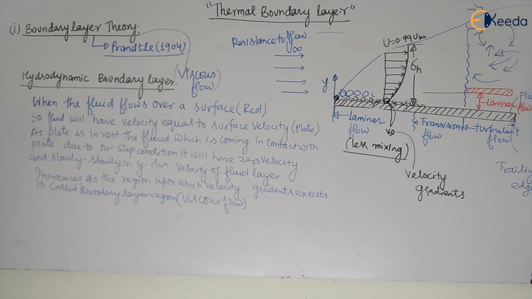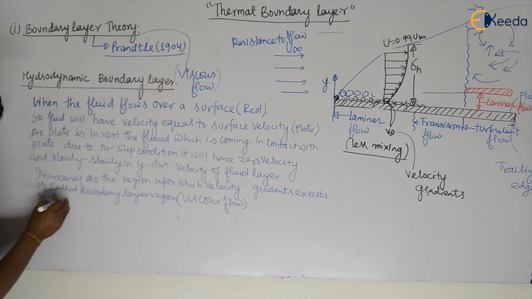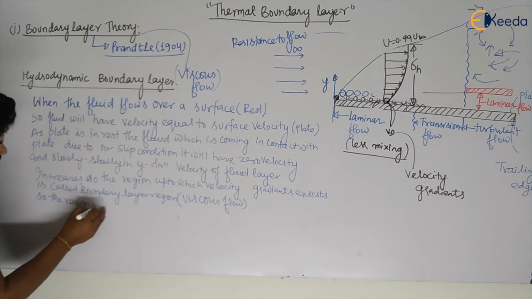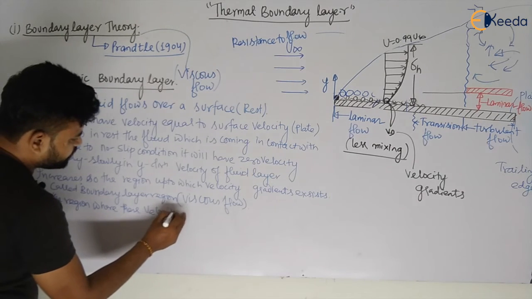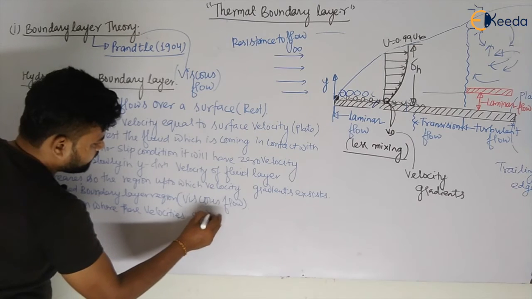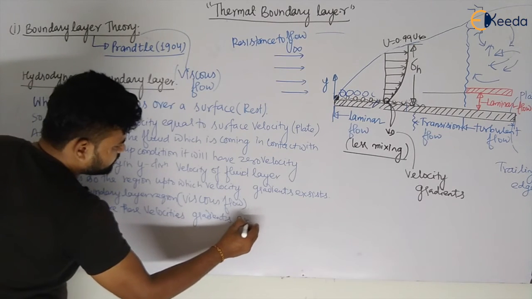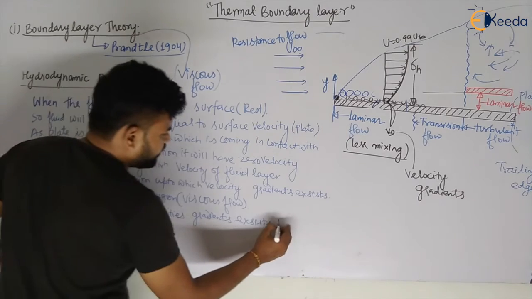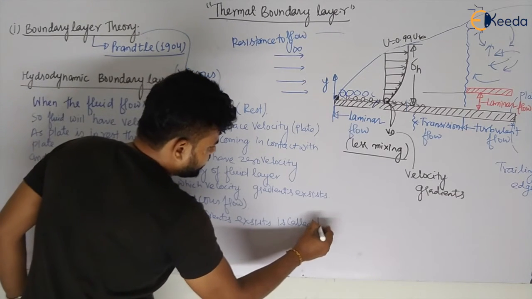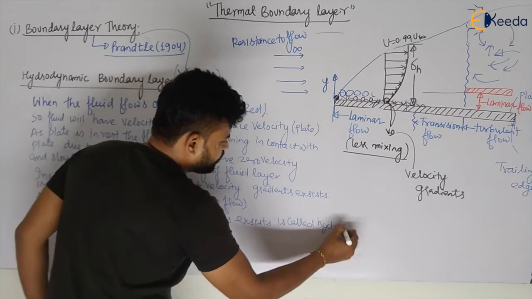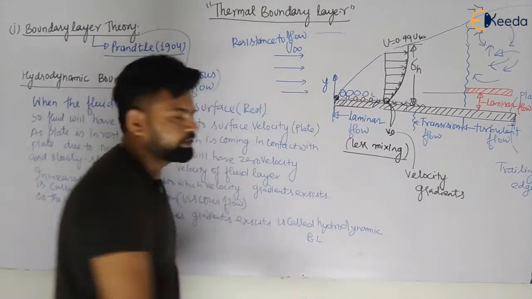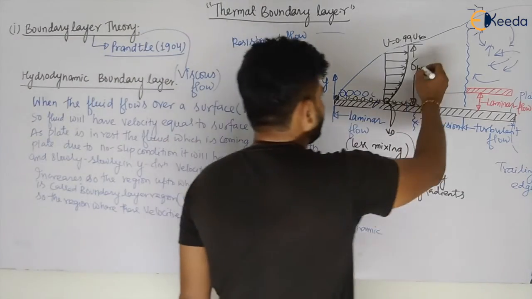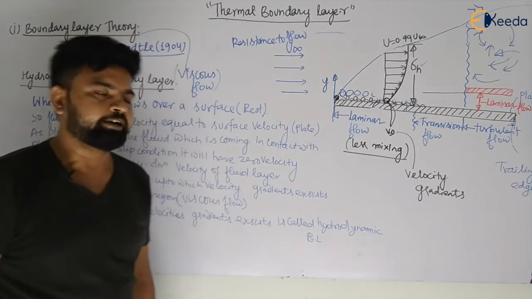The region where these velocity gradients exist is called the hydrodynamic boundary layer.